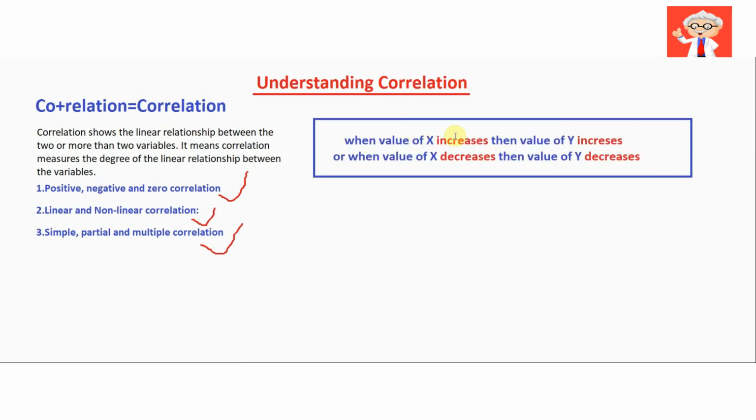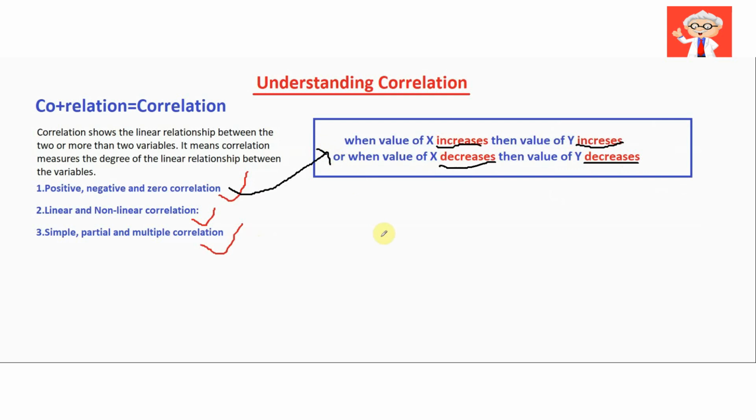When the value of x increases, then the value of y also increases, and when the value of x decreases, then the value of y also decreases. Such a relation is defined as positive correlation.